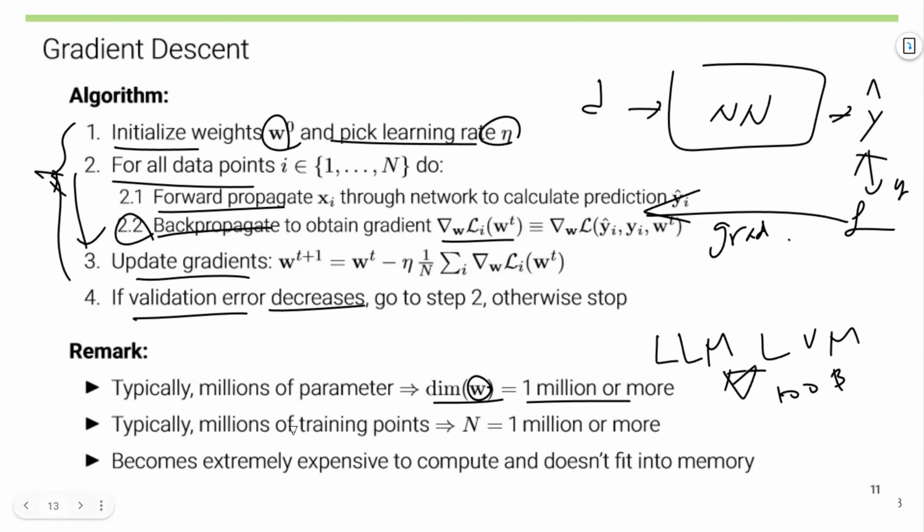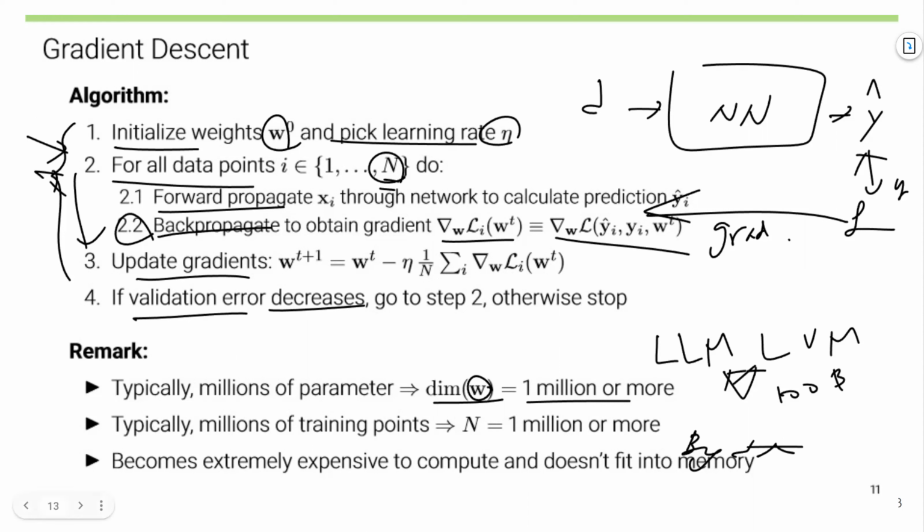And another thing is, because we are using big data, there are more than 1 million data points. And for just one update, we need to evaluate the loss for all data points. So this second step takes a million steps because we are dealing with millions of data points.